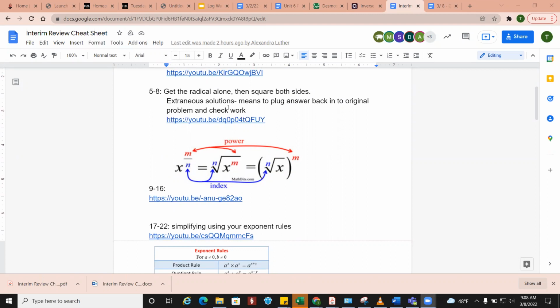Extraneous solutions means that it doesn't work after you plug back in. So like you solve for something, you plug it back in, it doesn't equal both sides. So let's do an example problem of that.